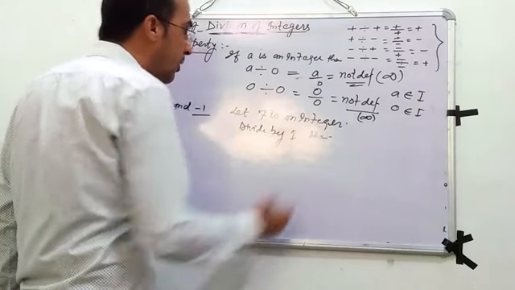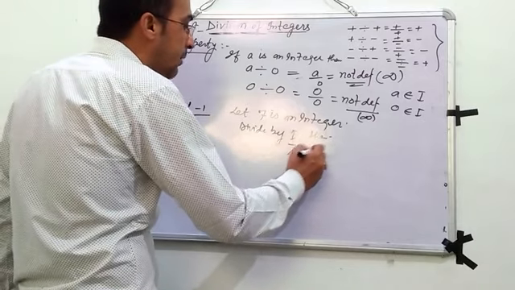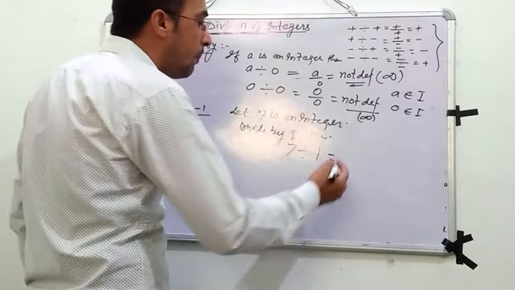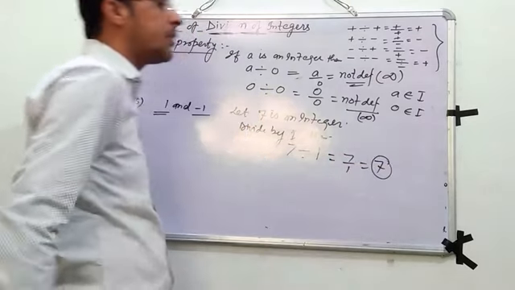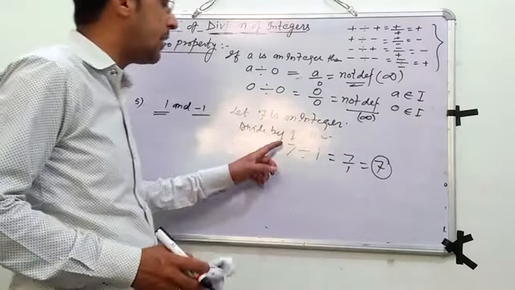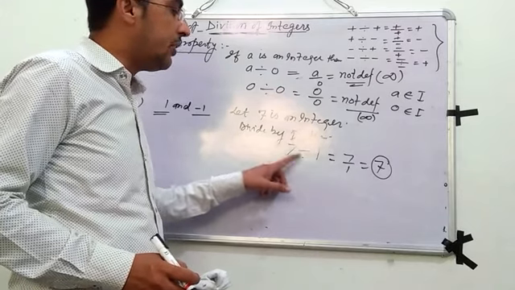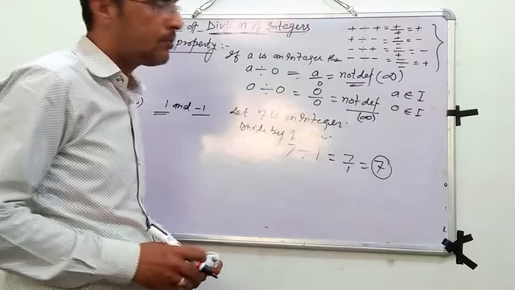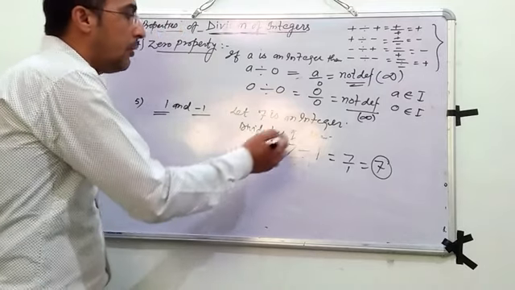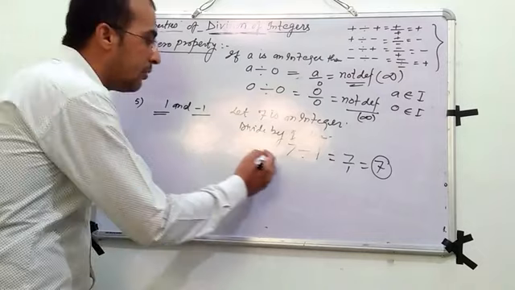Then 7 divided by 1 will equal 7. It means the same number with nothing changed. The sign is positive here and positive here, so their division is always positive. Is it clear? Now divide by minus 1, then what will you get?